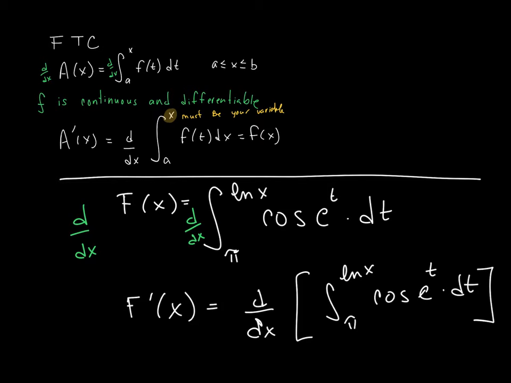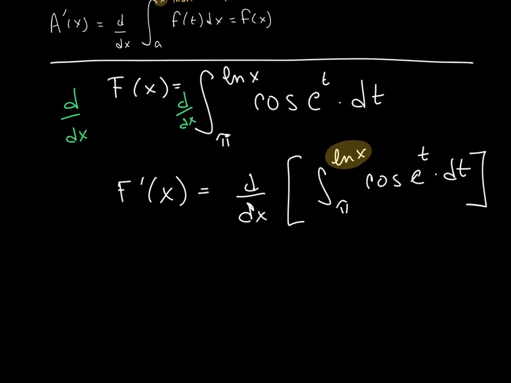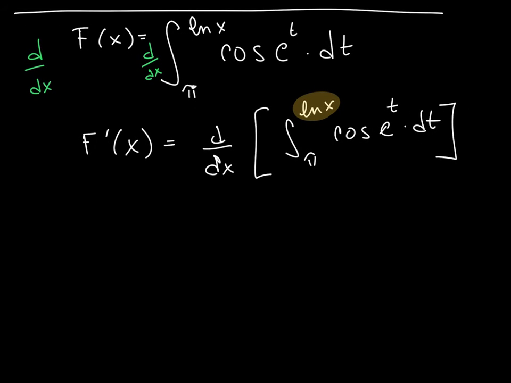Now, when we were talking about the fundamental theorem before, our upper limit was our variable, but here it's not x, and our limit ln of x is differentiable. So because of that, we need to use the chain rule. So we're going to let u equal the ln of x. So u prime, or the derivative of u, is equal to 1 over x.